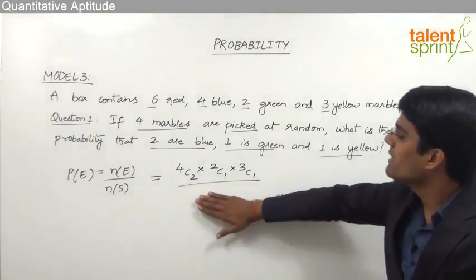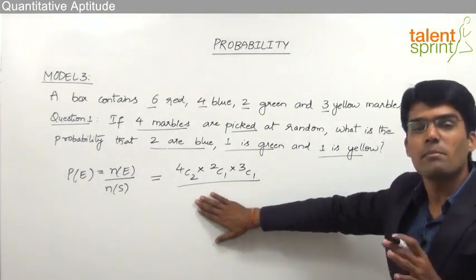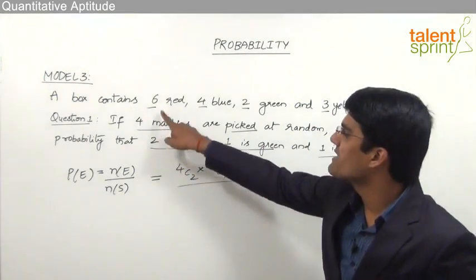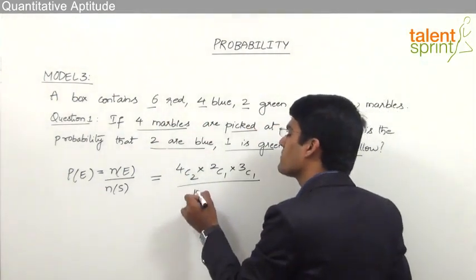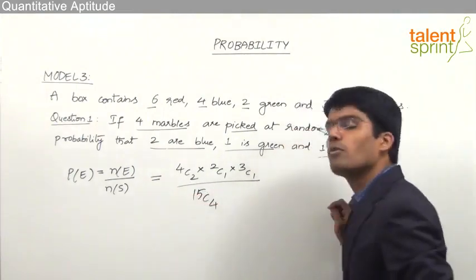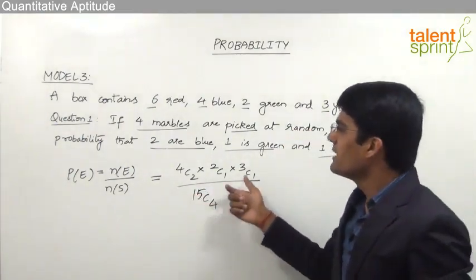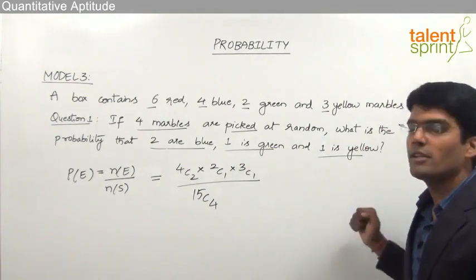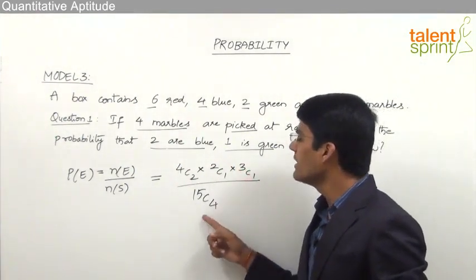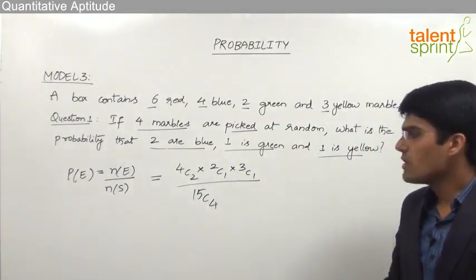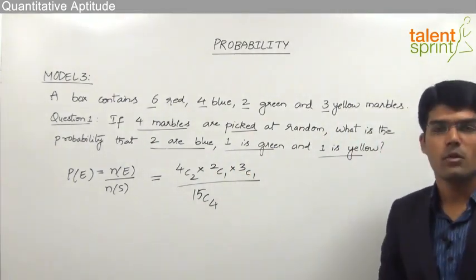So we have to take the total number of outcomes as the number of ways in which 4 marbles can be selected out of 15 marbles. We know that selection of 4 marbles out of 15 can be done in 15C4 ways. So the probability that we get 2 blue, 1 green and 1 yellow marble is nothing but 4C2 into 2C1 into 3C1 divided by 15C4. So by simplifying this, we can find out the required answer.